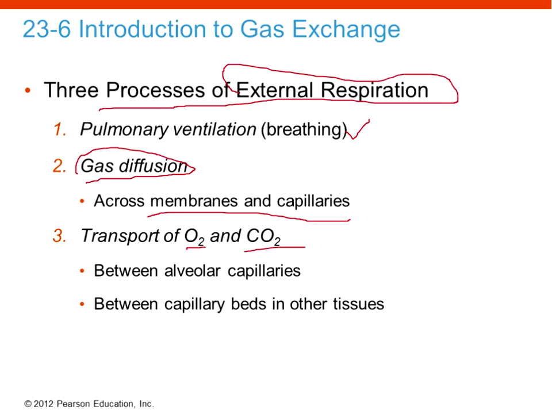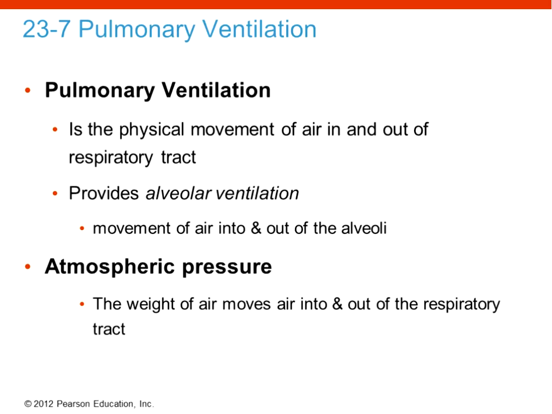So that's a lot, right? Most all these processes of external respiration do everything except actually exchange it at the target. So we need pulmonary ventilation, gas diffusion, and transport of the oxygen and the CO2. We want to look at all those processes to have a nice understanding of how this actually works. So, pulmonary ventilation.